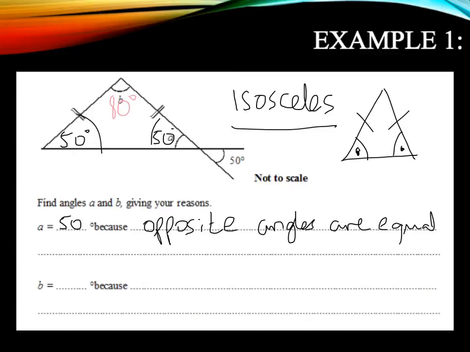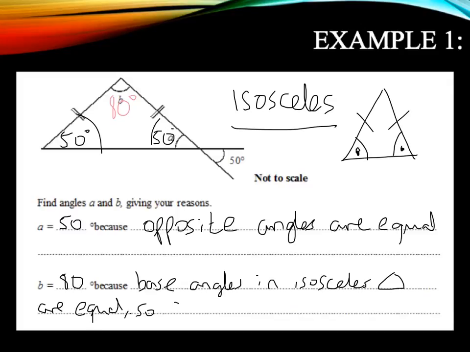So let's write it in. B is 80 degrees because base angles in isosceles triangle are equal.